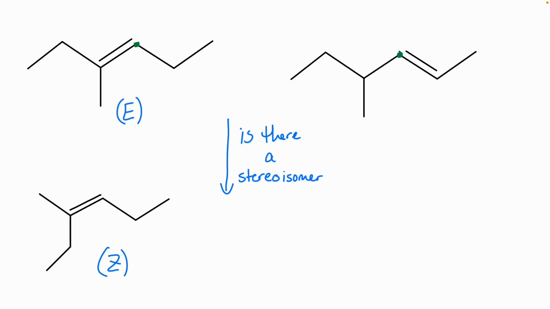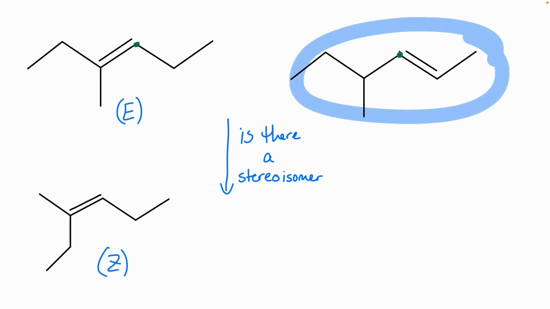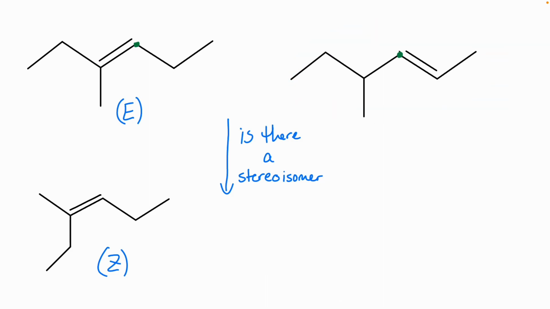Actually, let's just look. What about this one? Does this one have a stereoisomer? Are these two groups the same? No. Are these two groups the same? No. So then it definitely has a stereoisomer. So everybody take a second. Again, this would be the E. Take a second and draw me the Z stereoisomer.